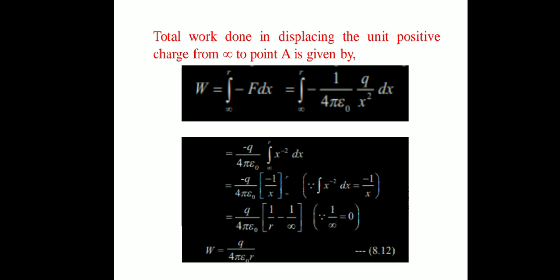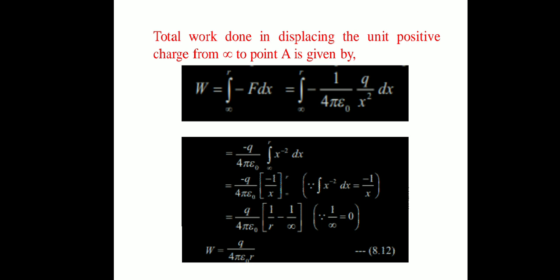Now put the value of F, which is 1 upon 4 pi epsilon 0 q divided by x square, dx as it is. Now 1 upon 4 pi epsilon 0 is a constant, q is also constant, so take it out of the integration. So we have W is equal to minus q divided by 4 pi epsilon 0, integration runs from infinity to small r of x raised to minus 2 dx.